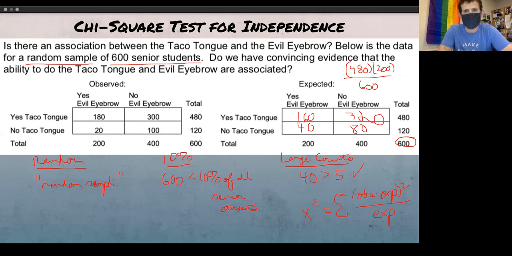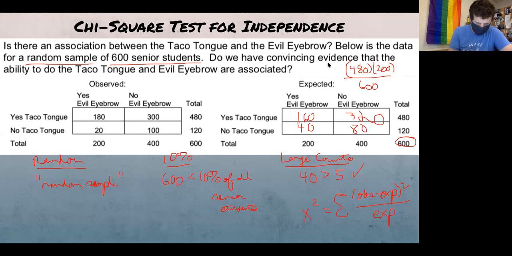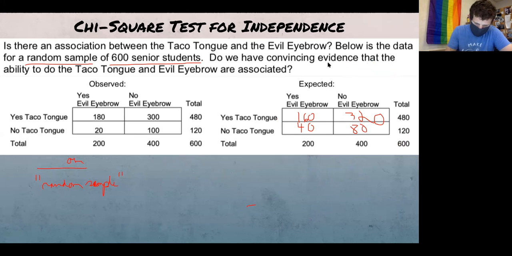I won't clear everything. I want to keep these expected counts. Now, the other thing about the 10% condition, I want to reiterate this point: there are times when the 10% condition is not necessary.